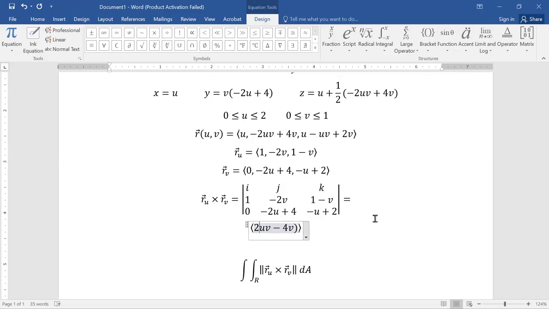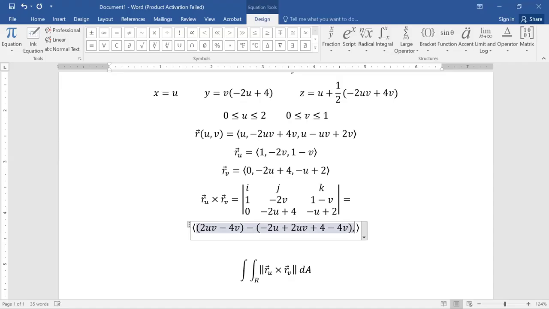So that minus, if I take negative 2u plus 4 and multiply by 1 minus v, I get negative 2u plus 2uv plus 4 minus 4v.